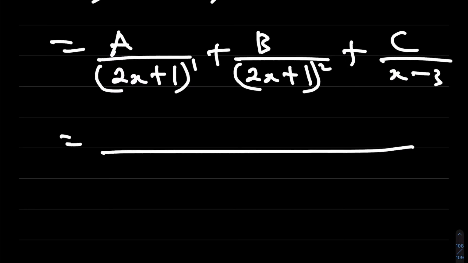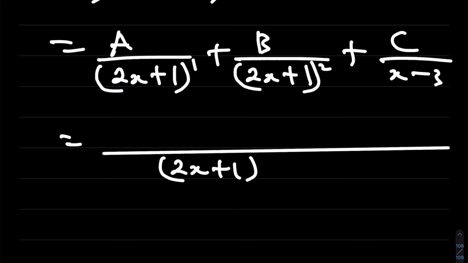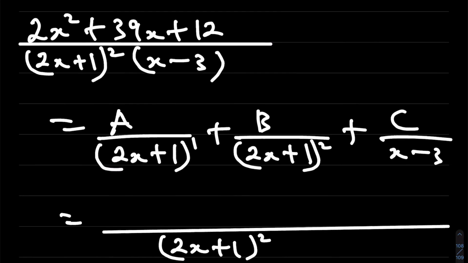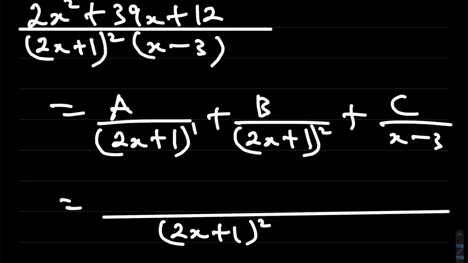The LCM of the denominators is (2x plus 1) squared times (x minus 3).